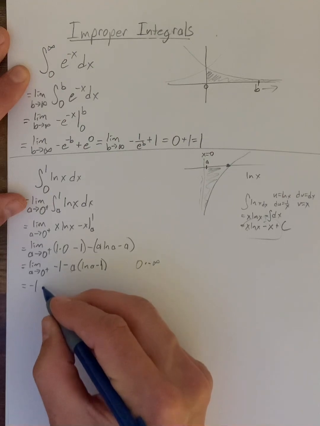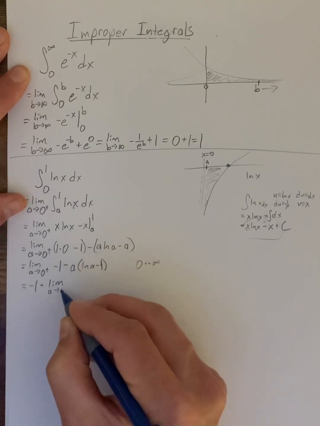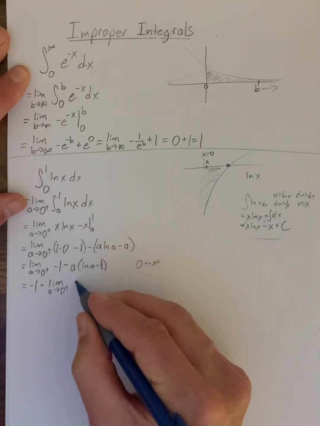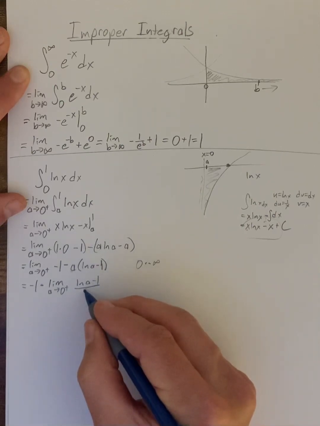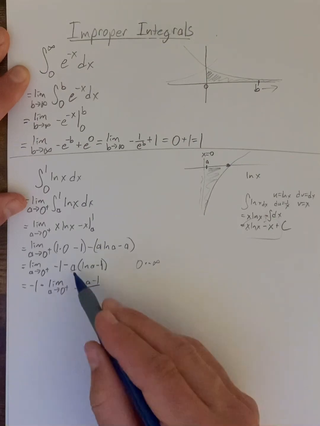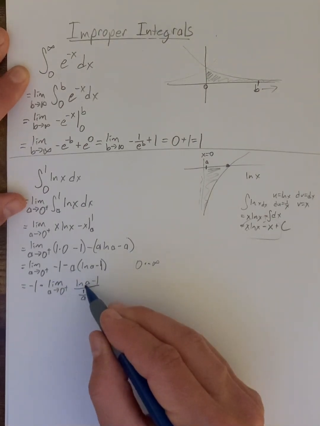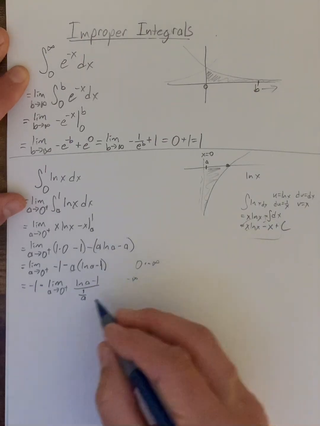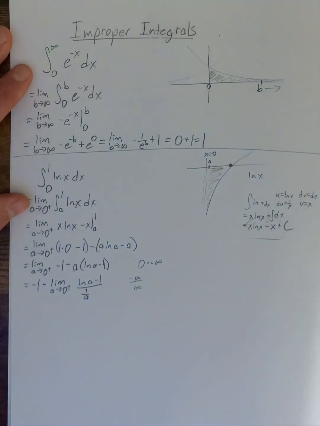So let's have minus the limit as a goes to 0 from the positive side of the natural log of a minus 1, over 1 over a. Now this is a different indeterminate form. This right here is negative infinity, and this is infinity. That's an indeterminate form I can use L'Hopital's on.